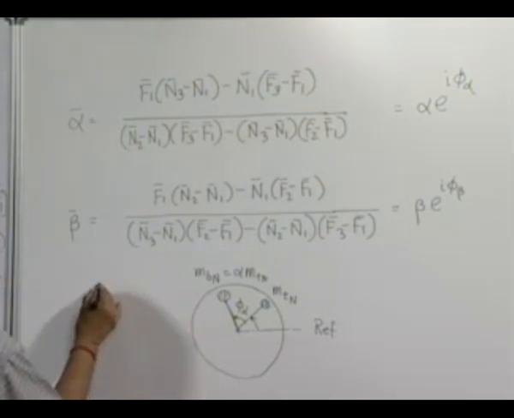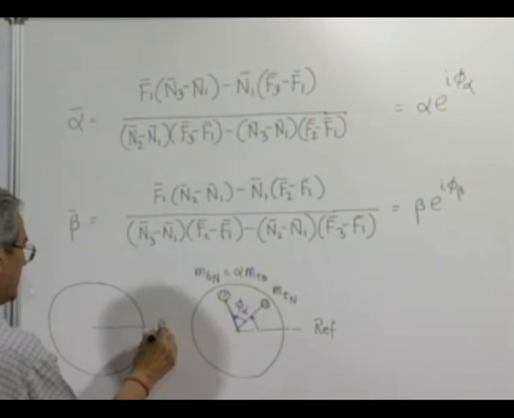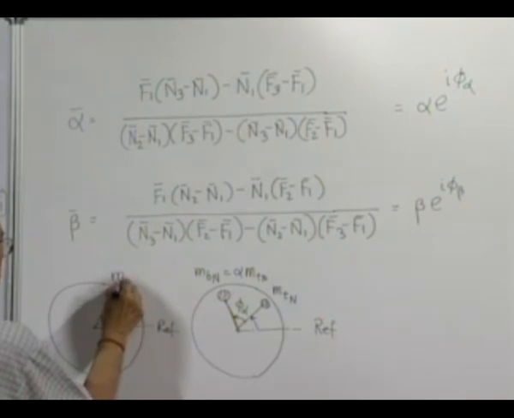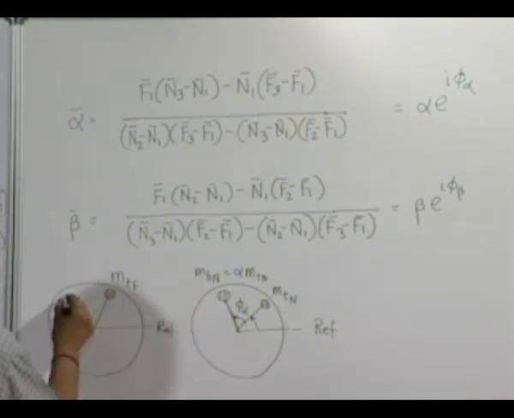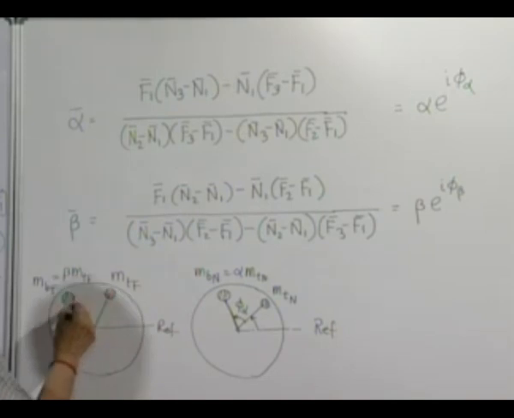At the far end, if this is the original trial mass you have kept, then we have to shift it to this position, which is the same as beta into MTF, and its angular position will be phi beta.